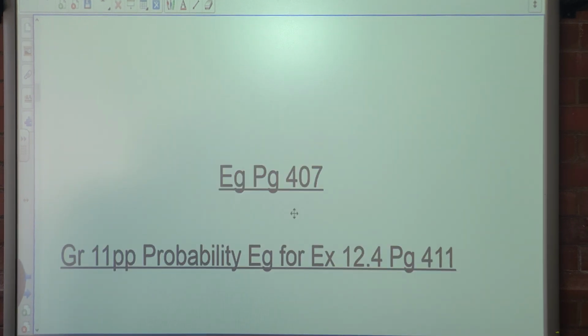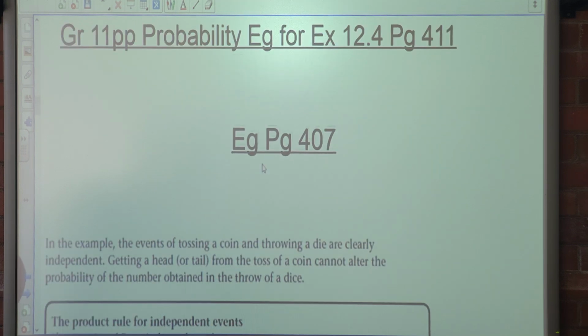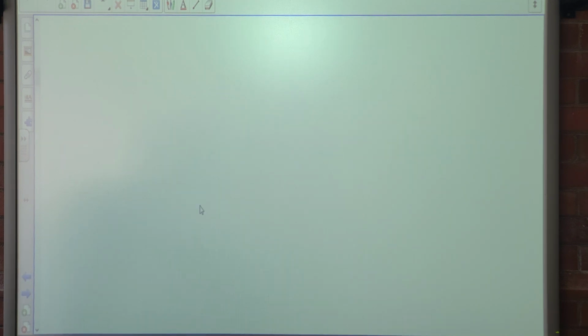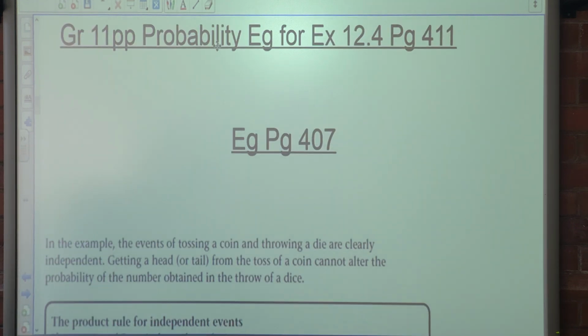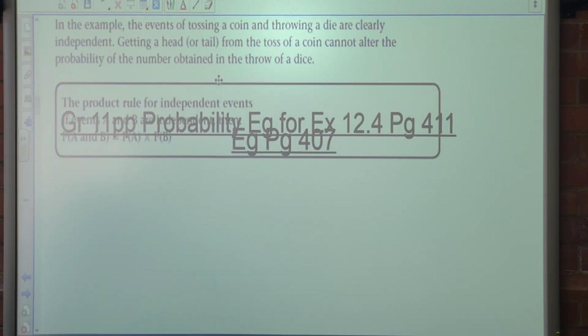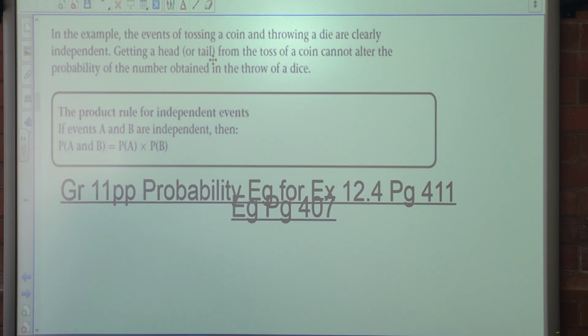Now, before example 2 there was a note. Here we are told that the event of tossing a coin and throwing a die are clearly independent. The one is never dependent on the other.